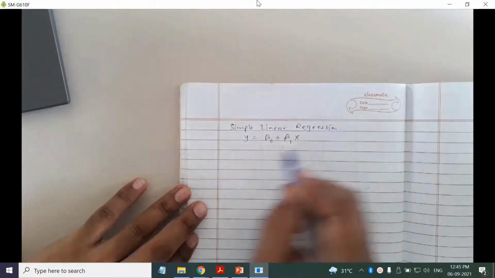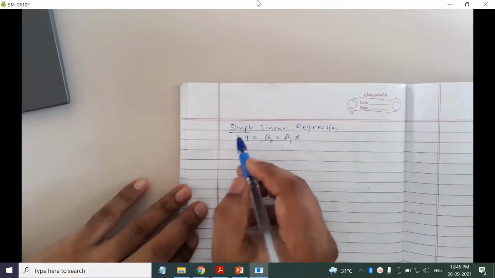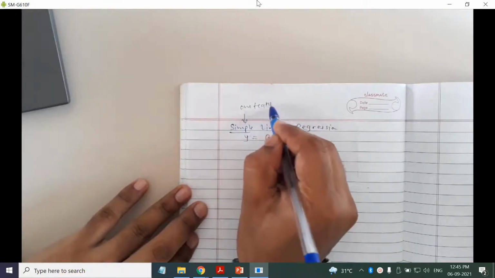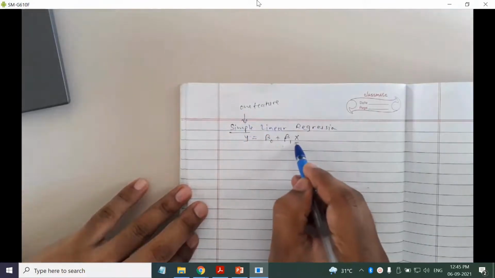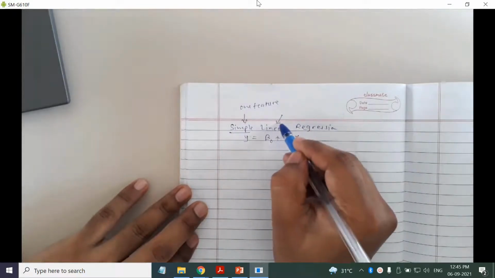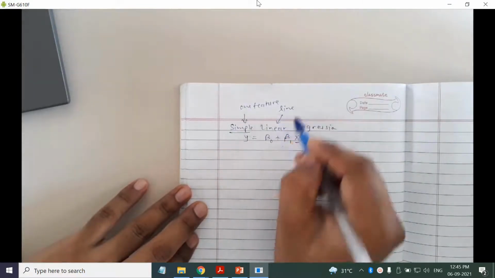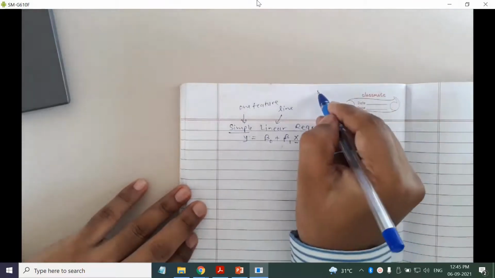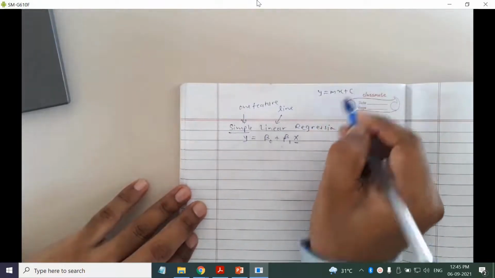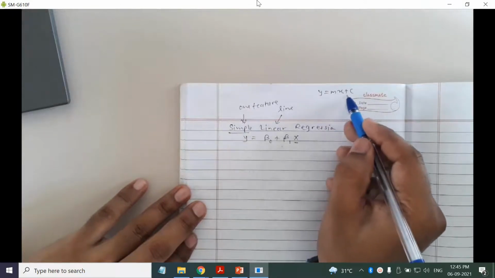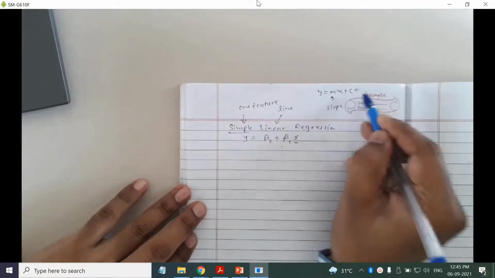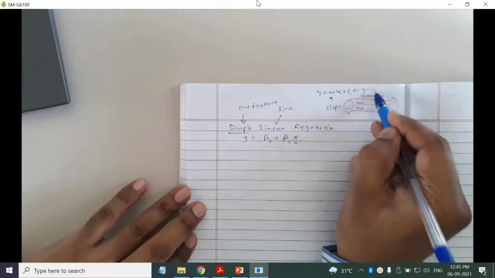Now just split the words: simple. So we are considering only one feature. That's why we have only one x. Linear: we will have a line equation. We remember the line equation, right? It is generally in the form y equals mx plus c. m is known as the slope and c is known as the y-intercept, right?